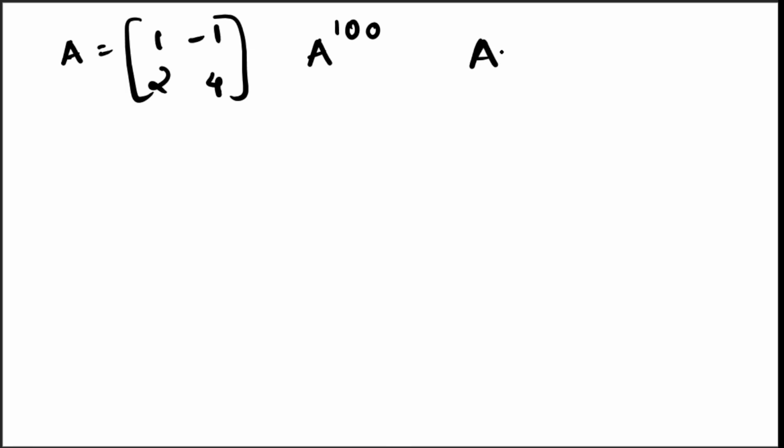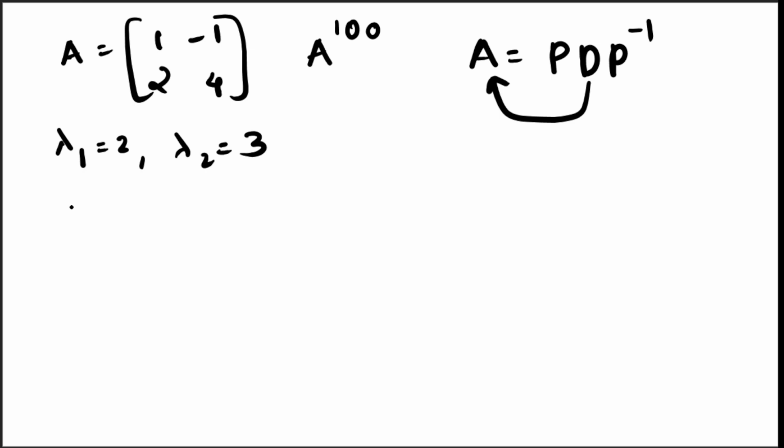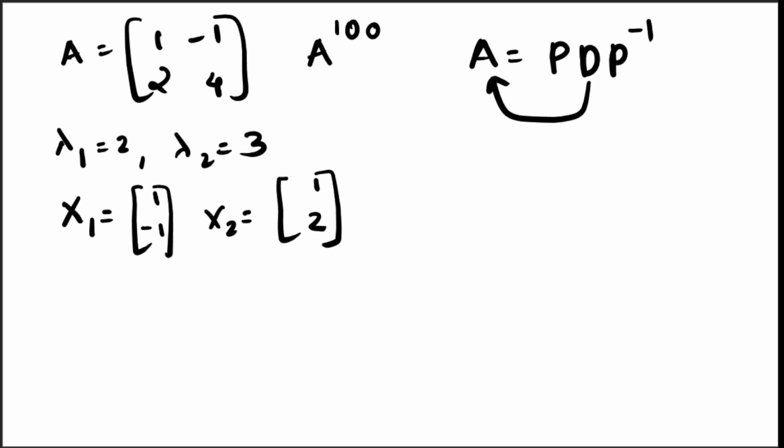For that we are writing A as P D P inverse, where D is the diagonal matrix of A. For finding the diagonal matrix, we have found the eigenvalues: lambda 1 is equal to 2, lambda 2 is equal to 3, and the corresponding eigenvectors are x1 equal to 1, minus 1, and x2 equal to 1, minus 2.